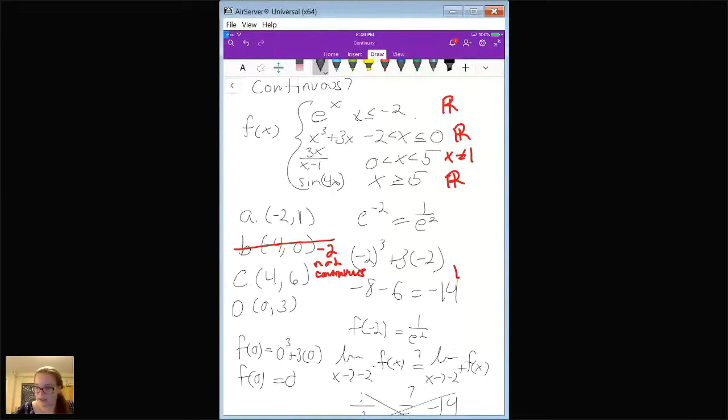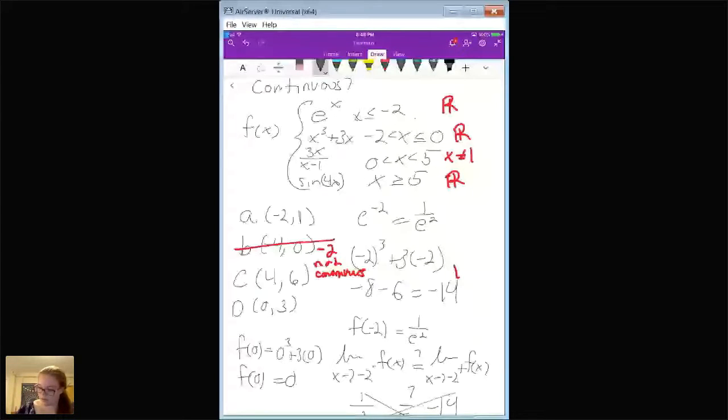Okay, so I see C is correct, but what we have to check is there is this point that is in between the interval. Yes, good, exactly. So we want to check to see if it's continuous at 5, because if it's not, then we can't use option C.